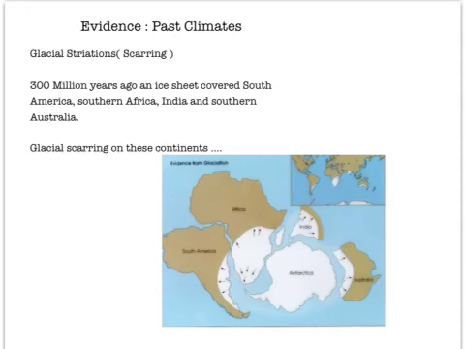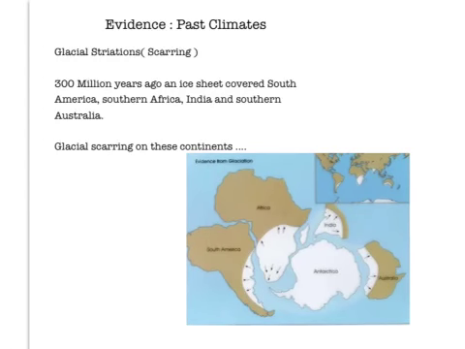The final piece of evidence that was used to support Alfred Wegener's theory was the evidence of past climates, specifically the evidence of glacial scarring or glacial striations. Over 300 million years ago, an ice sheet covered South America, southern Africa, India, and southern Australia, as you can see here.